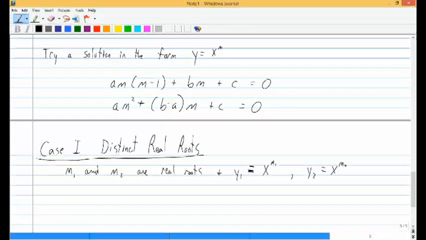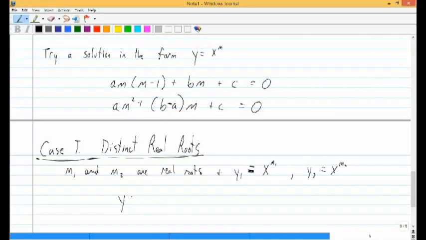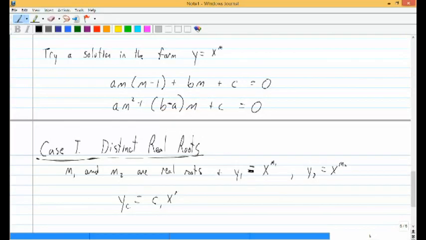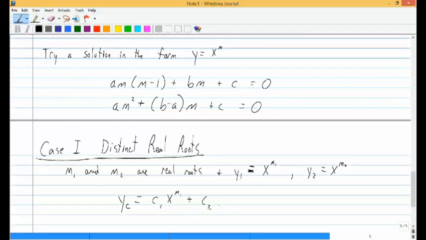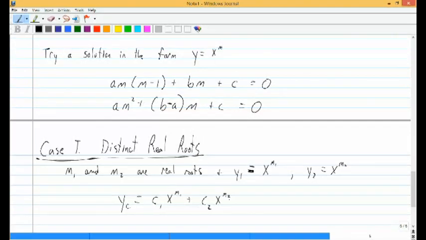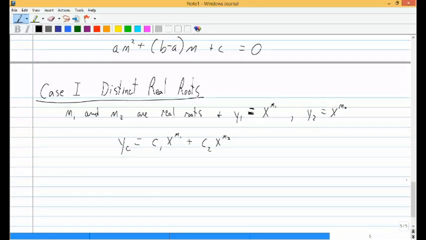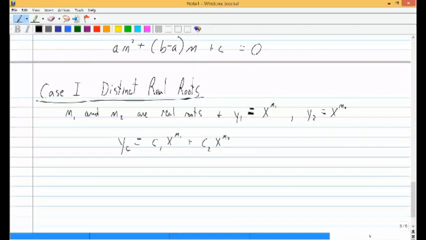Once you figure out those two solutions, the linear combination of those solutions, your y sub c, would be equal to c sub 1 x to the m sub 1 plus c sub 2 x to the m sub 2. Alright.